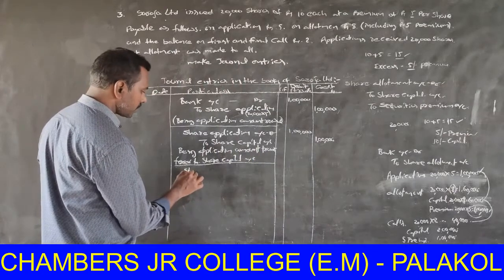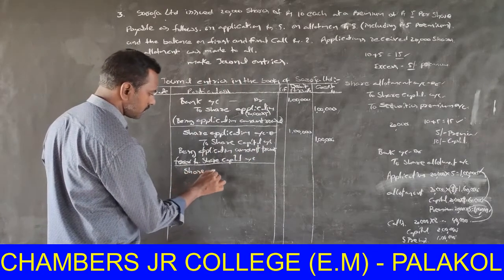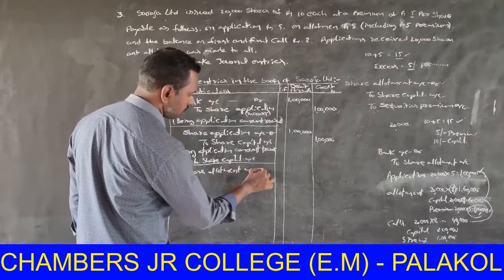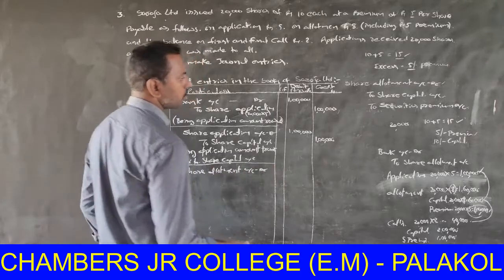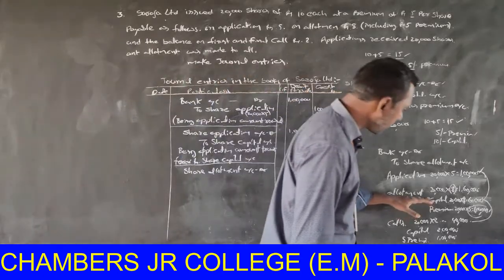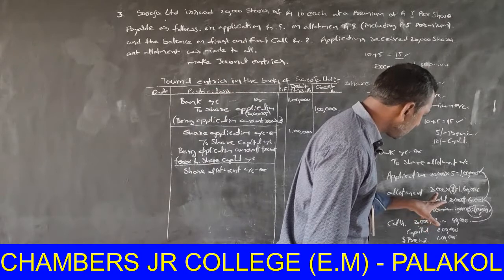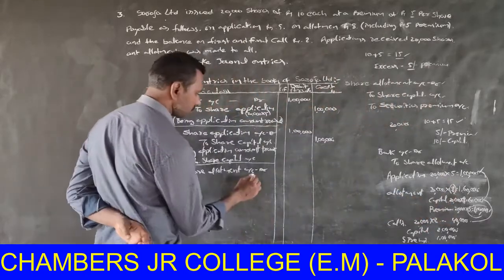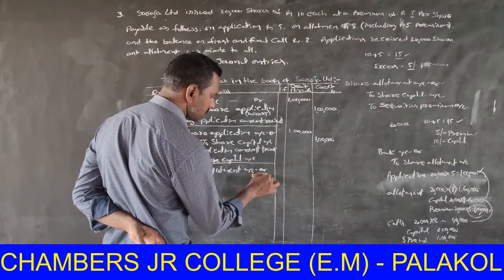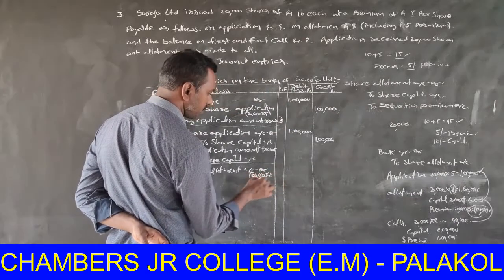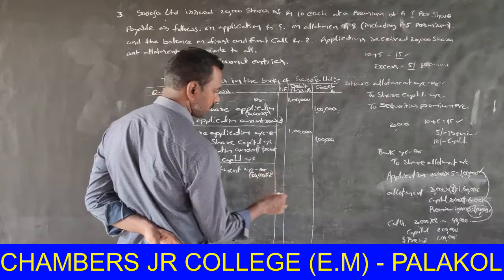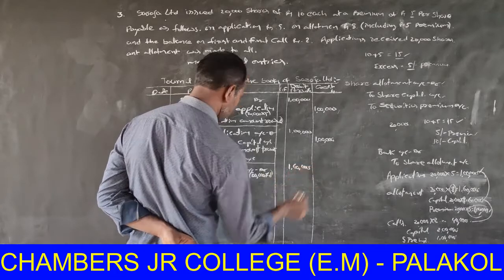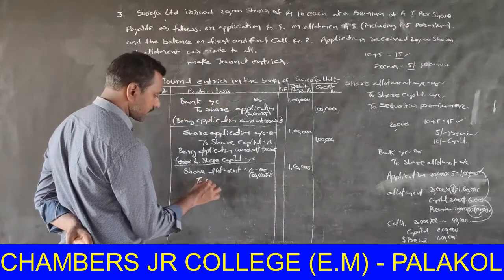Share allotment account is 20,000 into 8 rupees per share, including 5 rupees premium, that is 1,60,000.